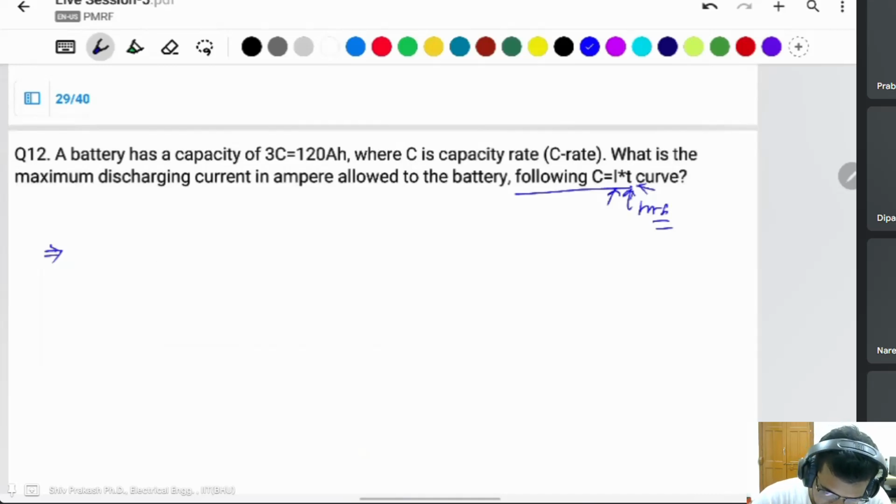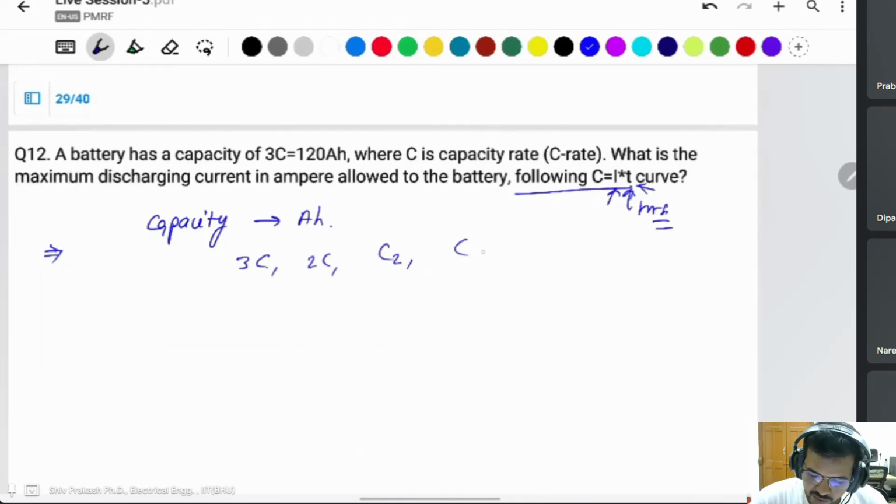The capacity is rated in ampere hour. You know all about the capacity in AH, and it will also be mentioned as a parameter in C rate, like 3C, 2C, C2, C by 2, C by 10, C10, C5. This is the rating of the capacity.